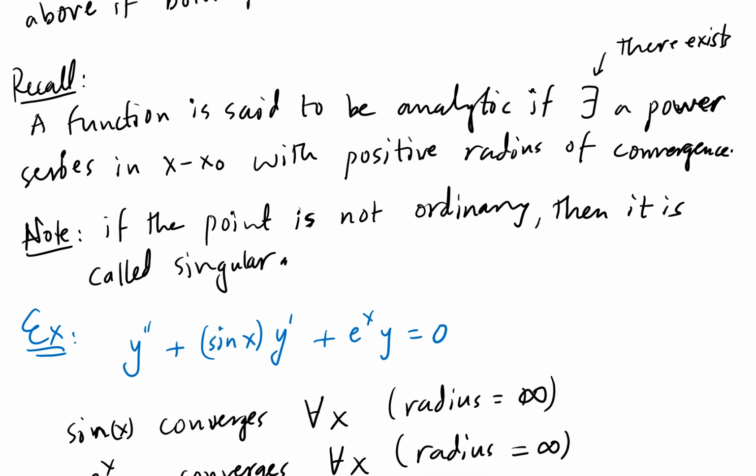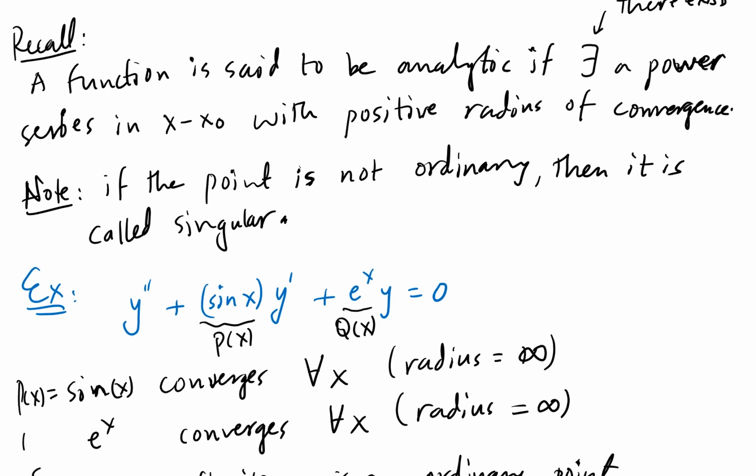So the first thing, we know that sine x converges for all x. This is like p of x. This is q of x. So p of x, which is sine x, converges everywhere, and q of x, which is e^x, also converges for all x. The radius of convergence is infinity.